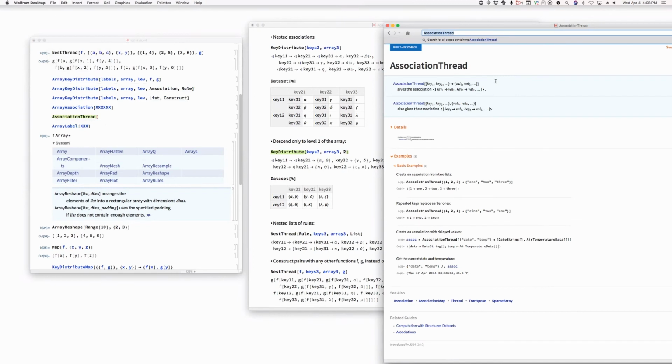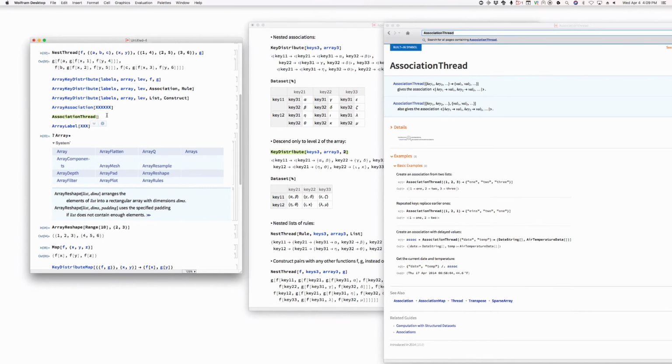Okay, what about the following possibility? We've got a two-argument form of this that has the keys and values separated like that. That's unfortunate. Well, of course, association thread might want to use keys which are lists themselves.